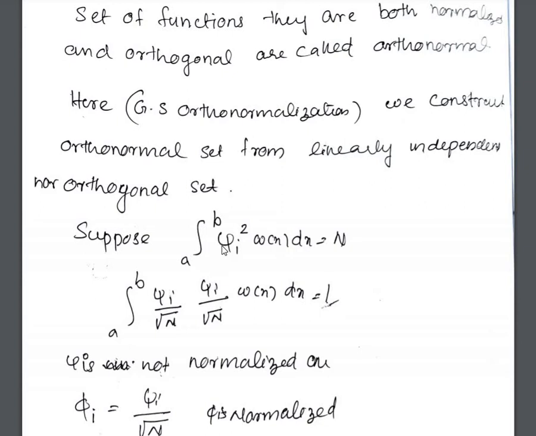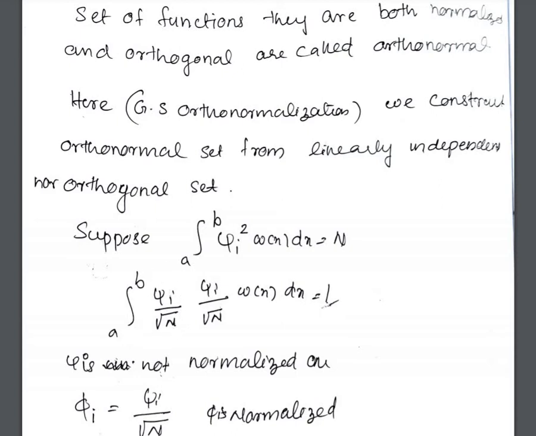Suppose integral a to b psi n square of x w of x dx is equal to n, or we can write integral a to b of psi n by square root of n, squared, w of x dx is equal to 1. Here these are normalized.